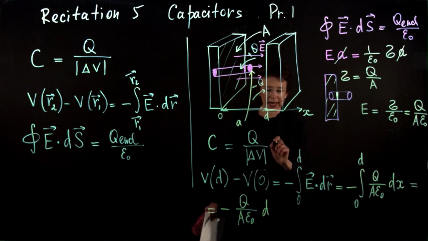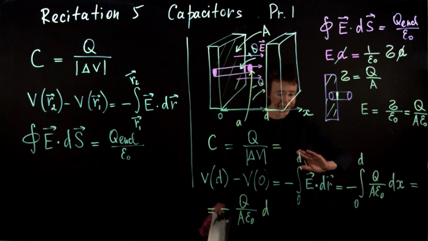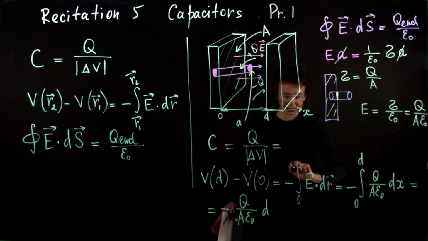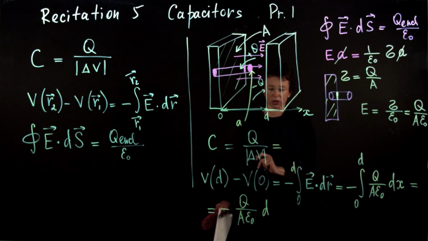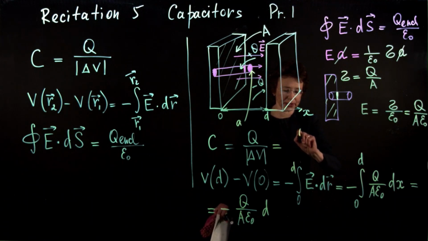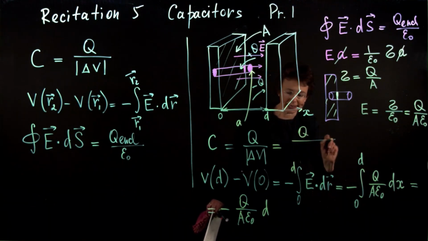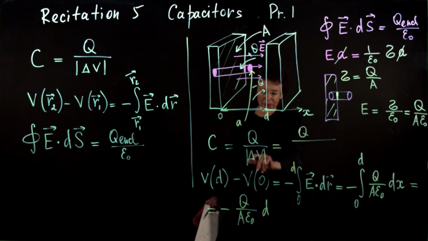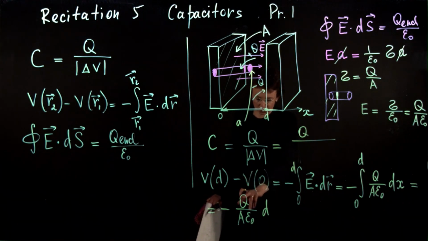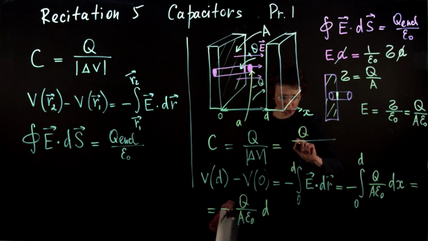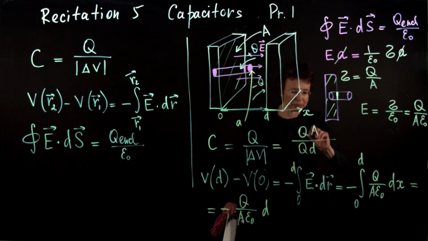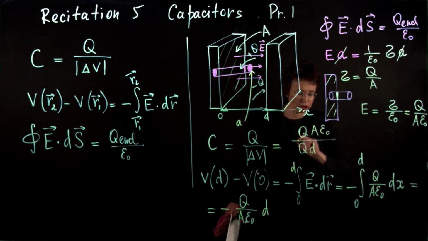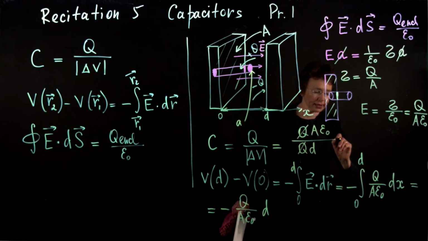And now I can find the capacitance. This is Q divided by the absolute value of delta V. The absolute value of delta V is Q d divided by A epsilon naught. So A epsilon naught comes to the numerator, and Q and Q cancel out.